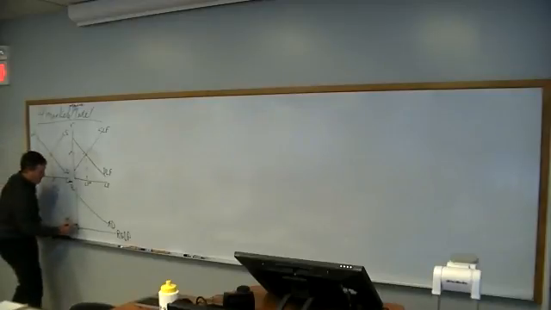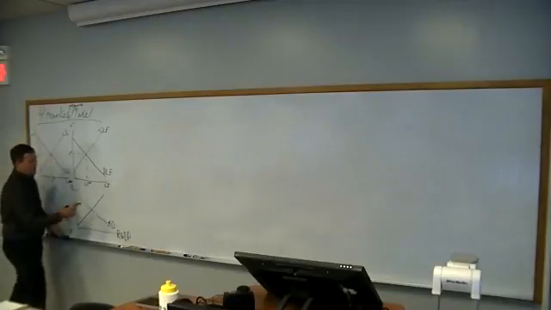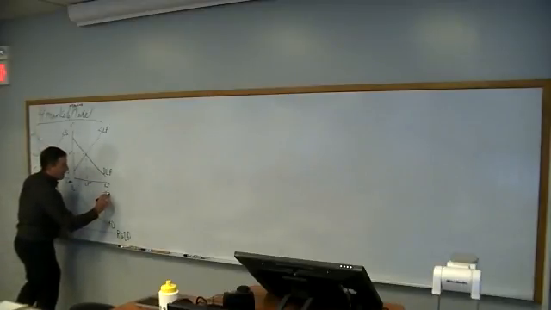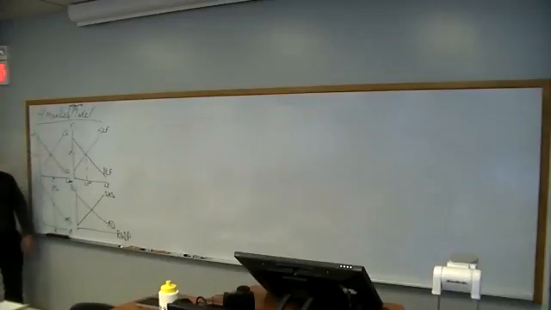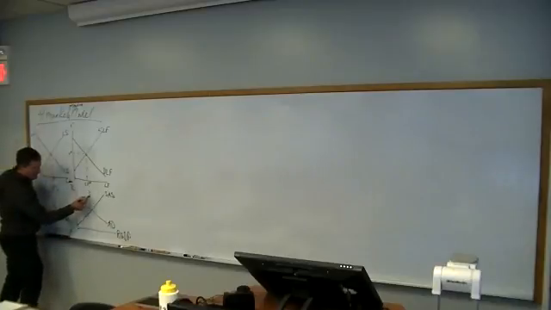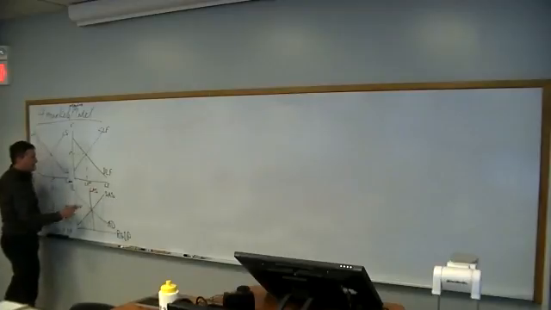And then we're going to have the short run aggregate supply curve. And then if you want to just draw it right straight through the intersection here, we're going to have a long run aggregate supply curve.